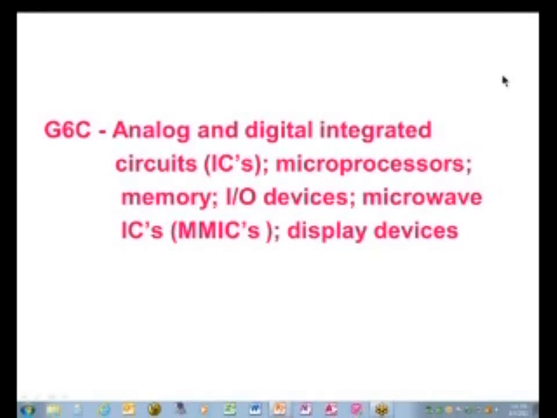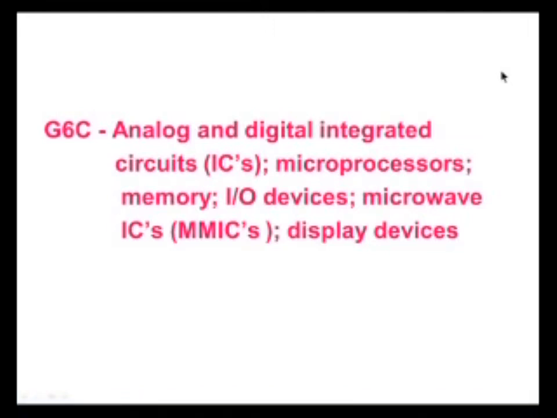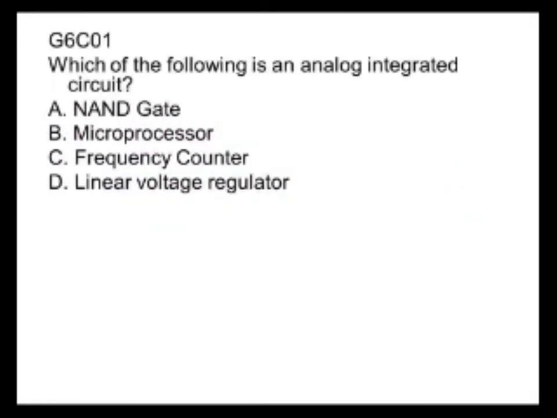Okay, G6C: analog and digital integrated circuits, microprocessors, memory, input-output devices, microwave integrated circuits, and display devices. Which of the following is an analog integrated circuit?